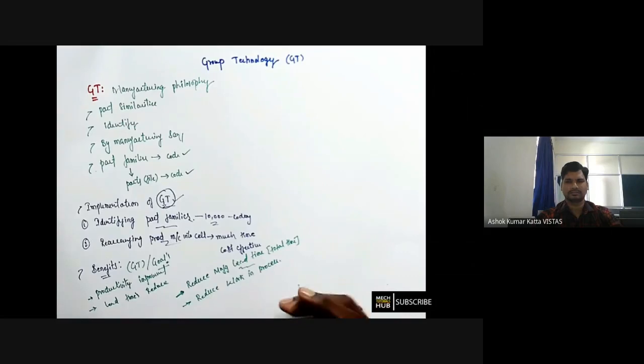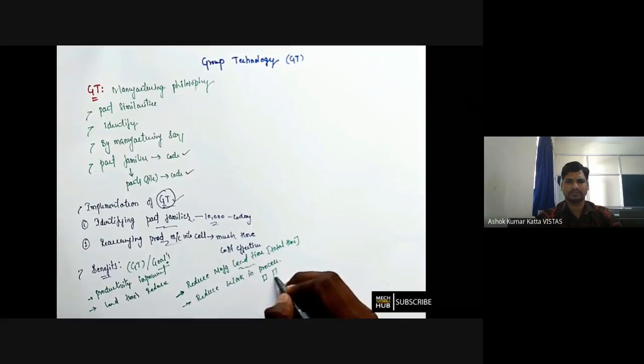In other words, we can reduce in-process time from machine to machine, whatever processes are going on until it reaches the assembly region. In between, we can reduce the time, and we can improve the scheduling also.